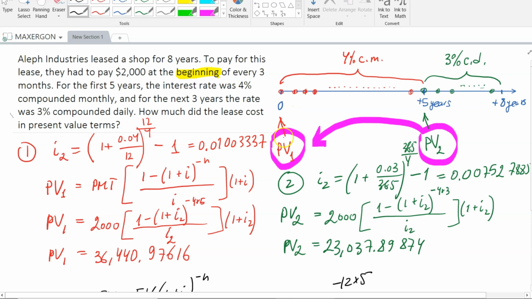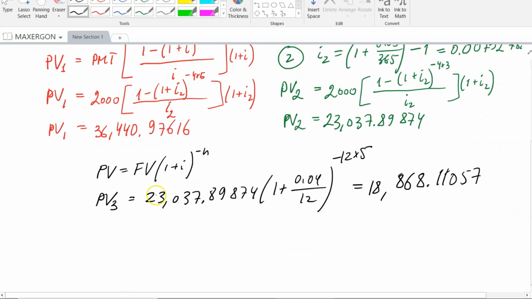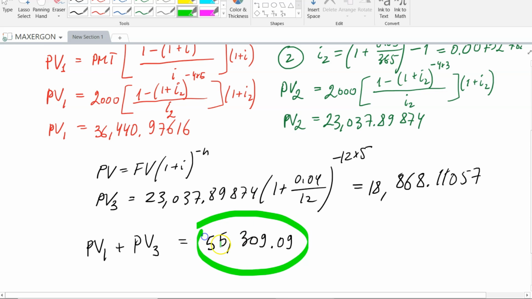Finally, to find the total lease cost, all we need to do now is to take present value 1 and add present value 3. Let's do it. Present value 1 plus present value 3 is equal to $55,309.09, rounded to 2 decimals. That's going to be the answer for this problem.